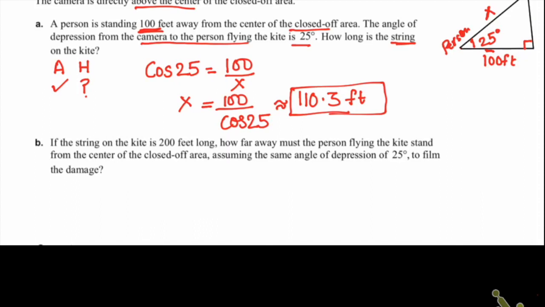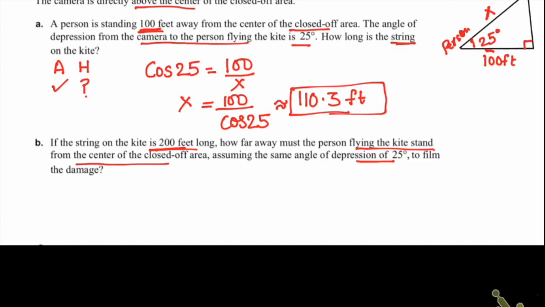Now the same thing, part B: if the string of the kite is 200 feet long. Now they're changing the value of the hypotenuse. How far must the person flying the kite stand from the center of the closed off area, if the angle of depression is the same, 25 degrees? So this time I have to draw the same kind of triangle.